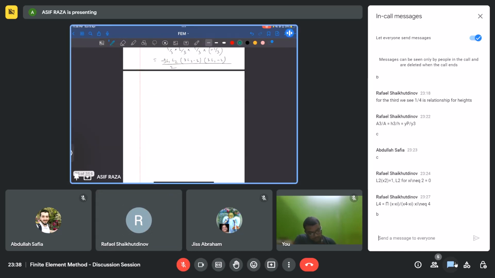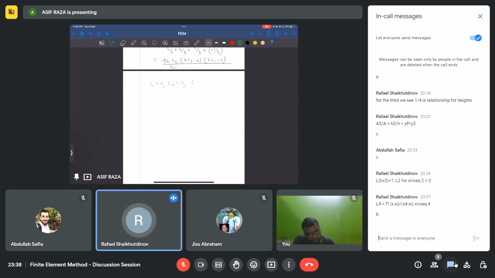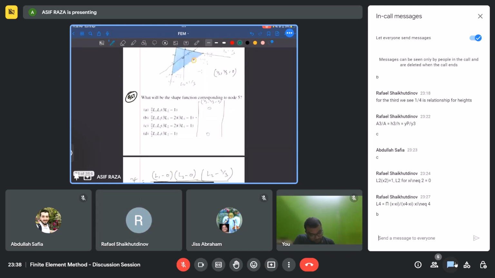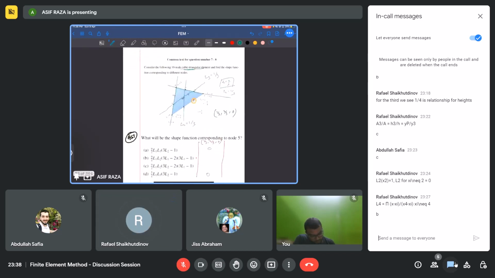Now what lines are you considering? L1 equal to 0, L2 equal to 0, L1 equal to 2/3, and L3 equal to 1/3. Okay, so you are not considering this line?